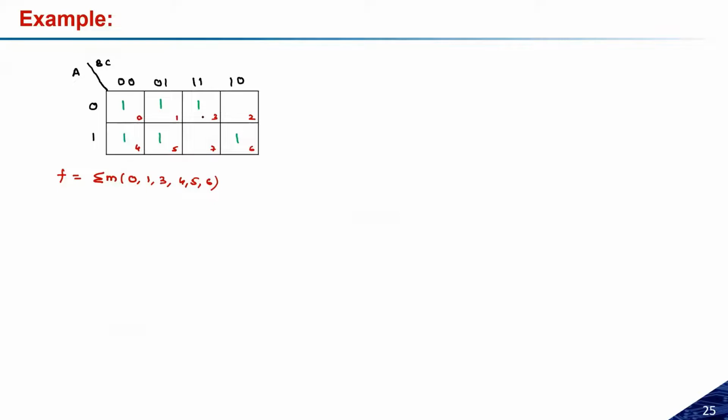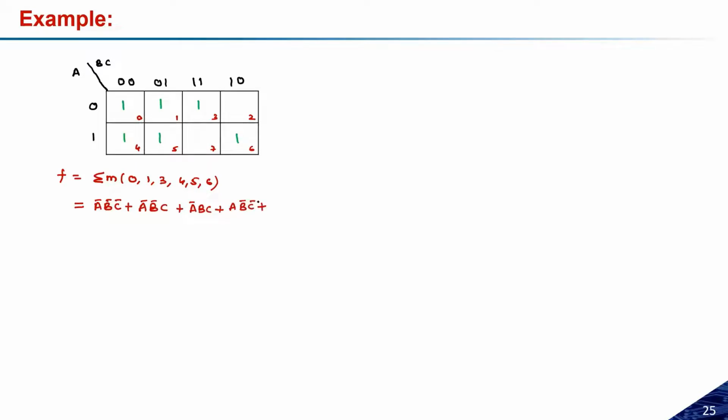And if you try to write this function, for 0 it will be A bar B bar C bar, plus for 1 it will be A bar B bar C. For 3, it will be A bar B C. For 4, it will be A B bar C bar.